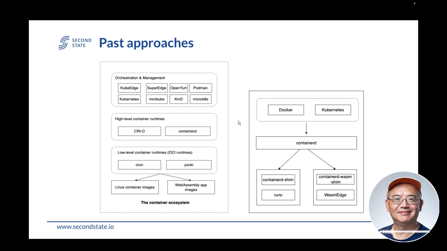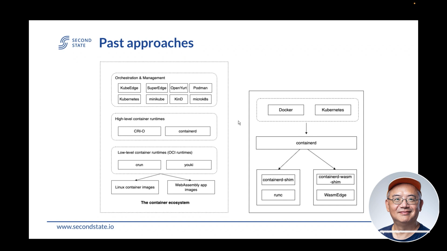Both crun and Youki are configured to support WebAssembly, meaning that when they see a container image, they automatically decide whether it's a WebAssembly image or a regular Linux container image. If it's a WebAssembly image, it starts WebAssembly to run it. So it does a bifurcation when it sees the container image, at the crun level.